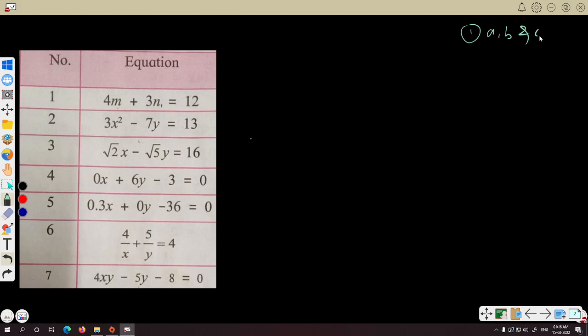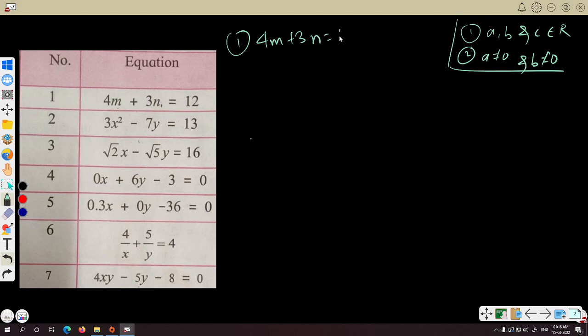A, B and C should belong to real numbers, and second is A should not be equal to 0 and B should not be equal to 0. These are our conditions. Looking at the first equation, 4m plus 3n is equal to 12. Now the variables that we have are m and n. No issue with this. If I look at the coefficients, m's coefficient is 4 and n's coefficient is 3. These are not 0. So the second condition is fulfilled.